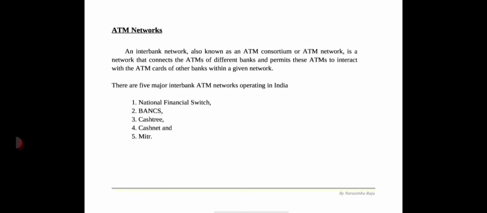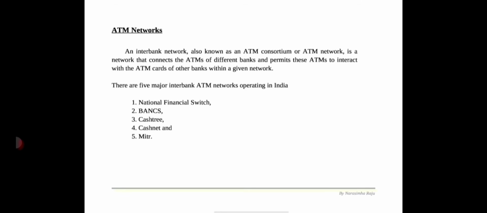And coming to the ATM networks. An ATM network is an interbank network also known as the ATM consortium. It is a network that connects the ATMs of different banks and permits these ATMs to interact with the ATM cards of other banks within a given network.